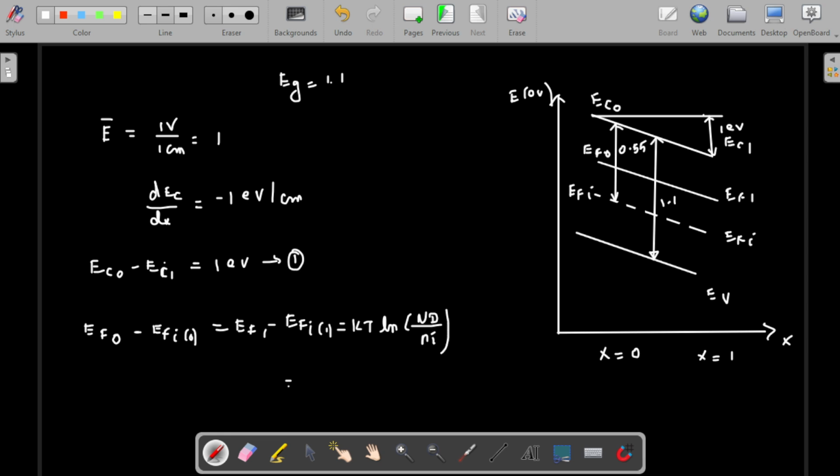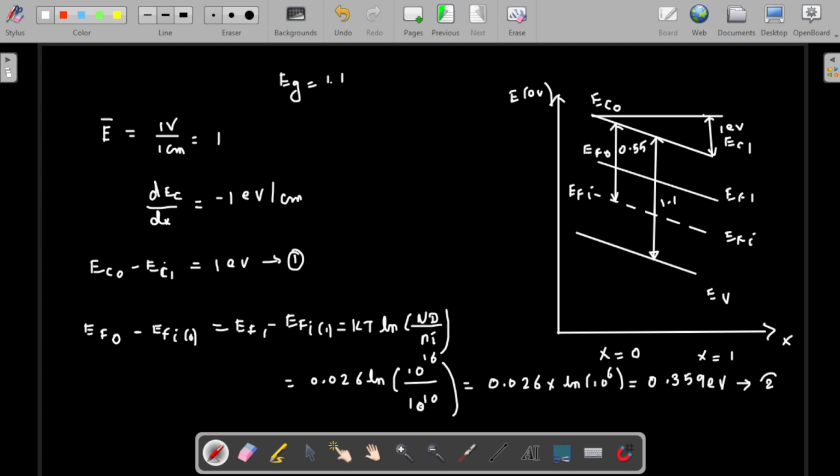If we substitute, 0.026 ln of 10 to the power 16 divided by 10 to the power 10, that is 0.026 times ln of 10 to the power 6. If we multiply, we get the answer 0.59 eV. Okay, so this is our second equation. Here we can clearly see this is the difference, so we have calculated this difference.